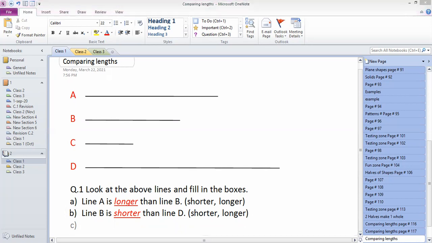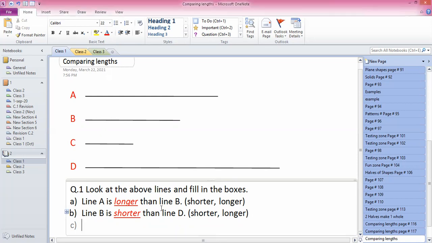The next is line dash is longer than line A. A, B, C, D. Now, guys, you have to tell me, line dash is longer than line A. A, B, C, or D. Dash line is longer than line A.